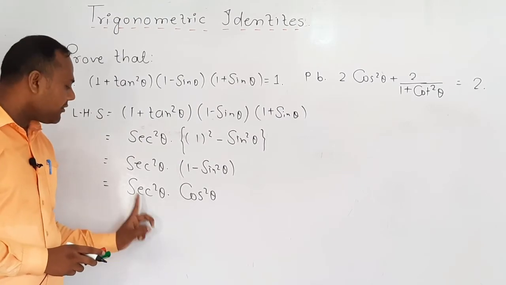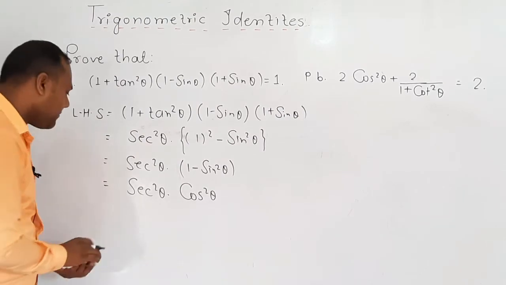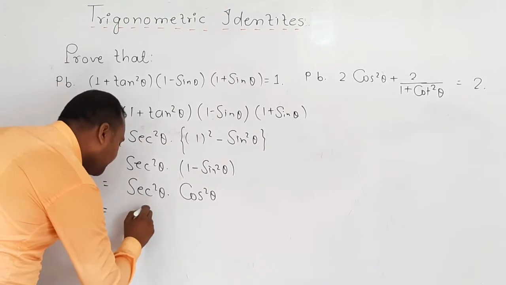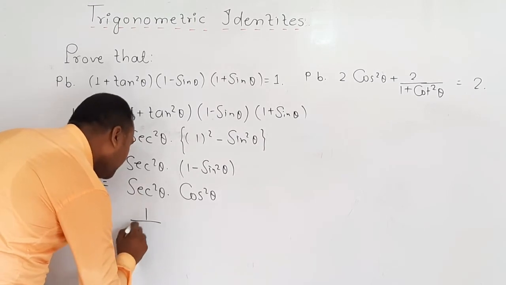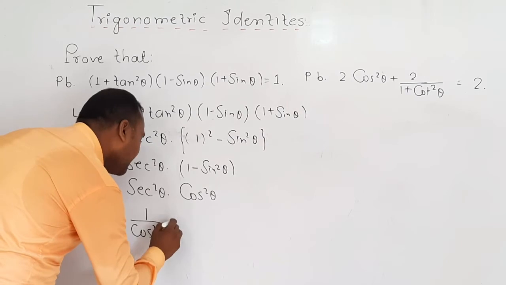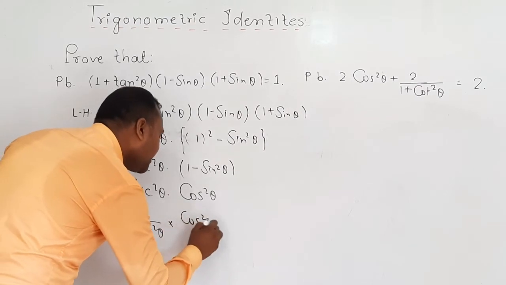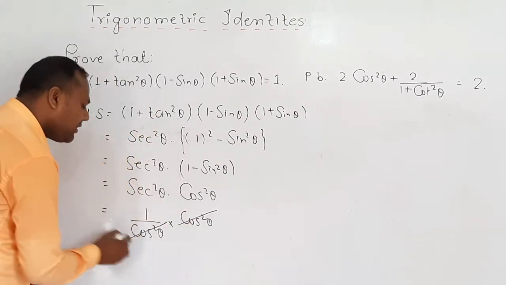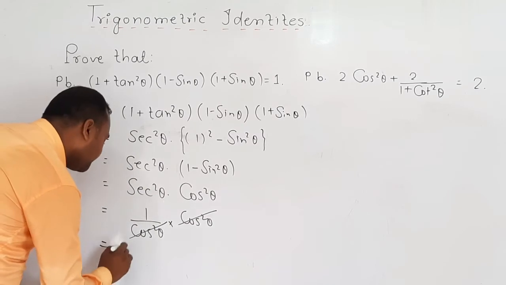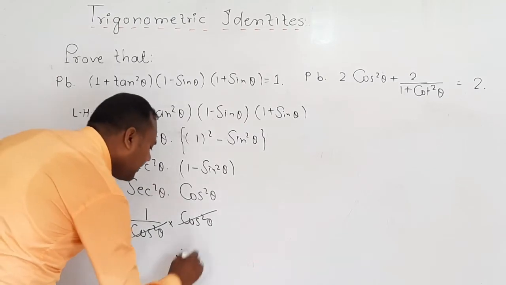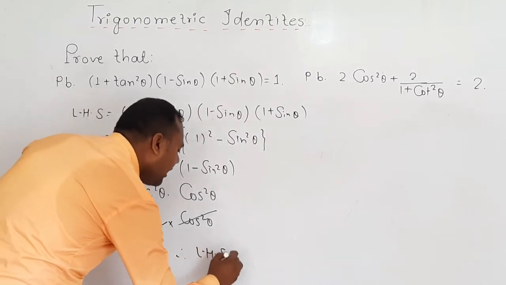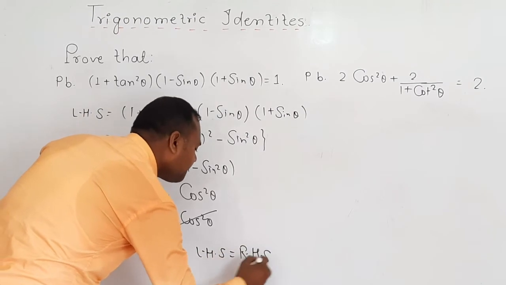That's why these two terms cancel out. That means sec² θ means 1 upon cos² θ multiplied by cos² θ. This cancels out with this. That means 1. Hence LHS equal to RHS. Proved.